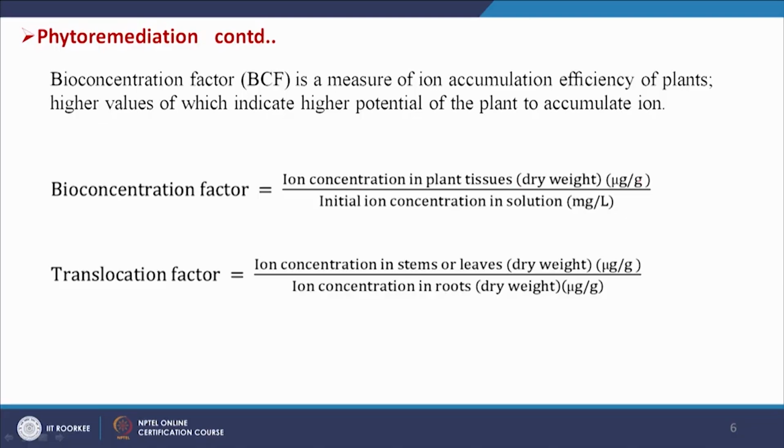So, this can be defined as ion concentration in plant tissues divided by initial ion concentration in solution. And then the translocation factor is ion concentration in stems or leaves, in microgram per gram, divided by ion concentration in roots, in microgram per gram, because the root is in direct contact with the soil or water or the contaminants present in the soil and water, and then it is accumulating there and then it is translocated from root to stem and stem to leaves gradually.